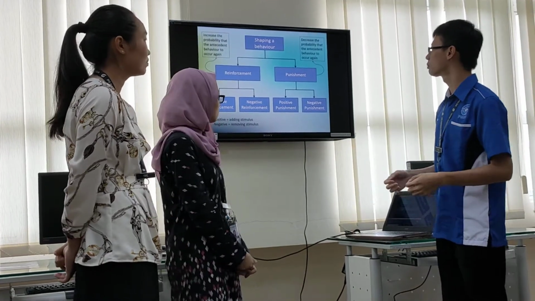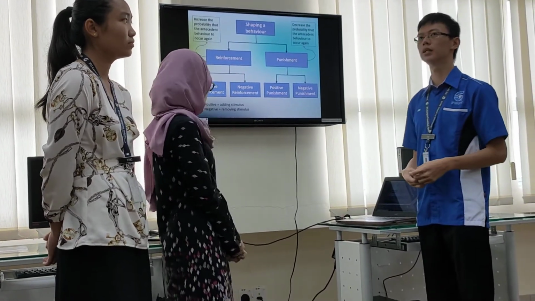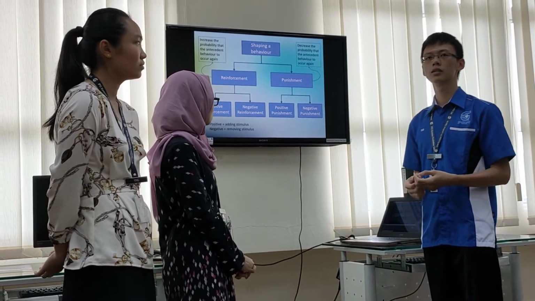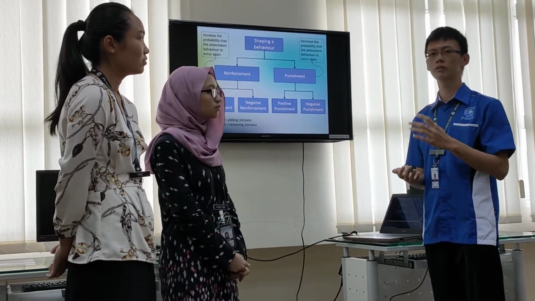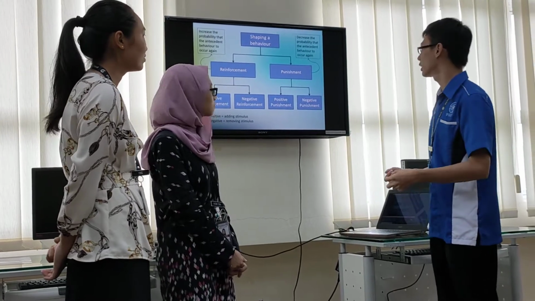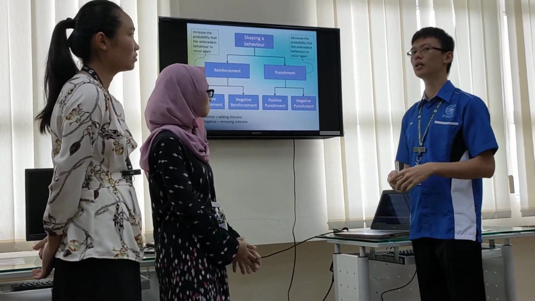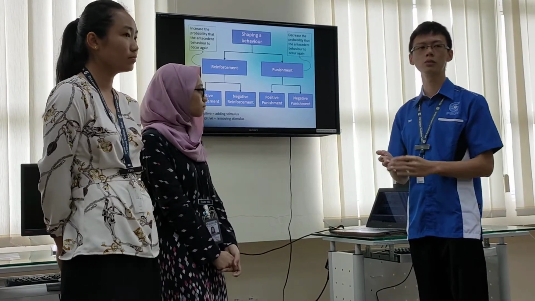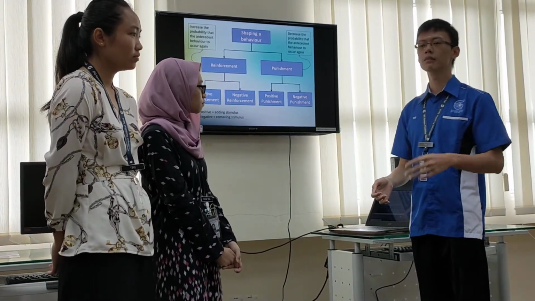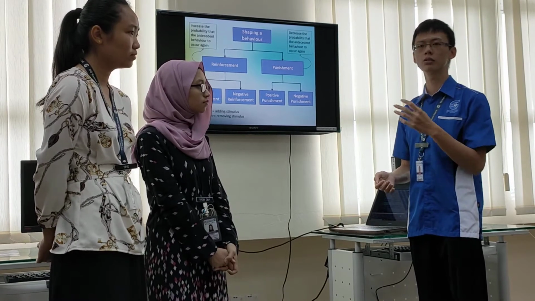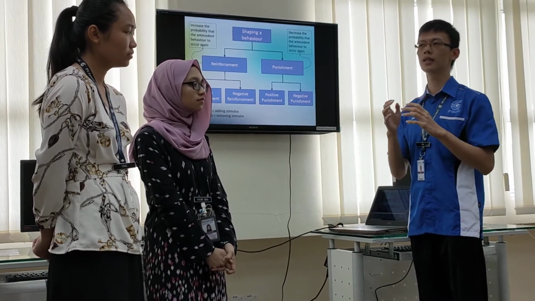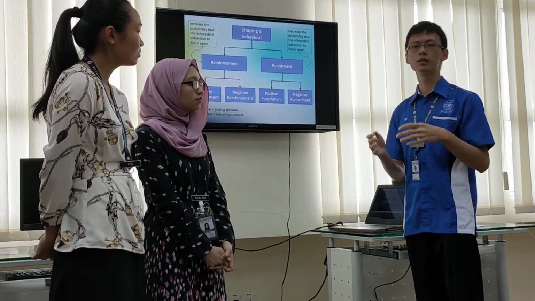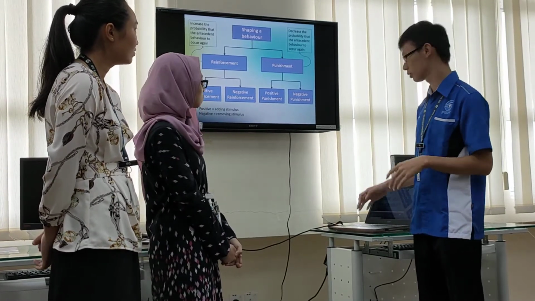The example of positive punishment is if the student cannot answer the question, then the teacher will give punishment to the student. And negative punishment is at the beginning, the teacher lets the student play a handphone in the classroom. Then if the student cannot answer the question well, this privilege will be removed, so the student cannot play the handphone anymore.